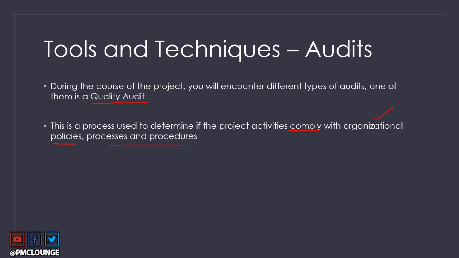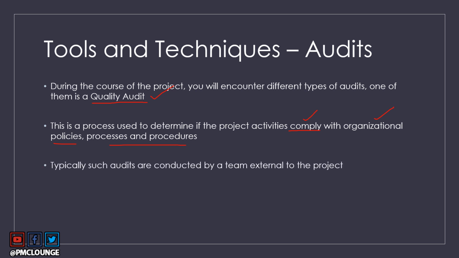It is important to convert the expectations in your quality management plan into executable quality activities. That was one of the functions of the managed quality process. The other was to make sure that your organizational quality policies, processes, and procedures are also followed in your project. And that is exactly where quality audit comes into the picture. It is a process determining whether your project activities comply with the organizational quality policies, processes, and procedures.